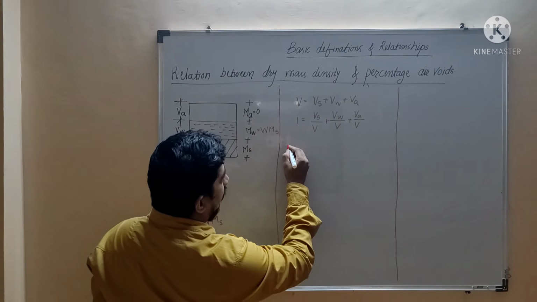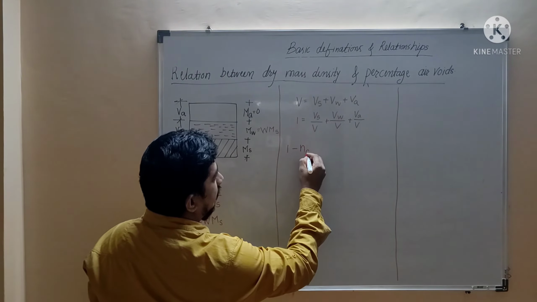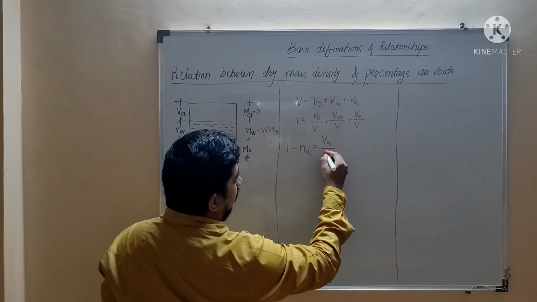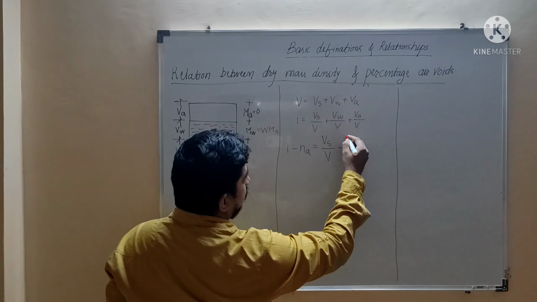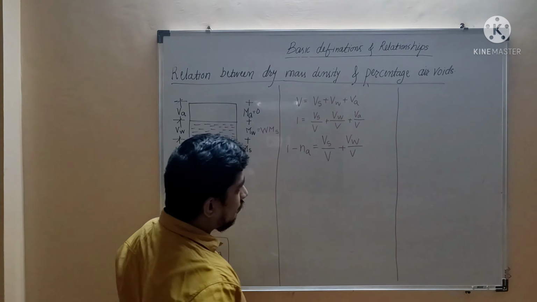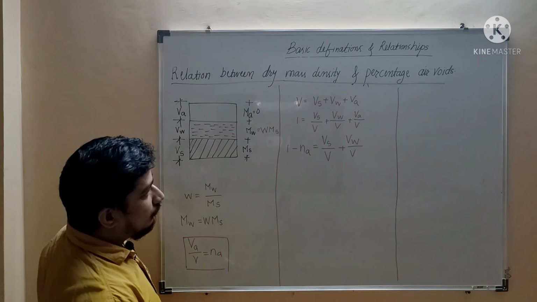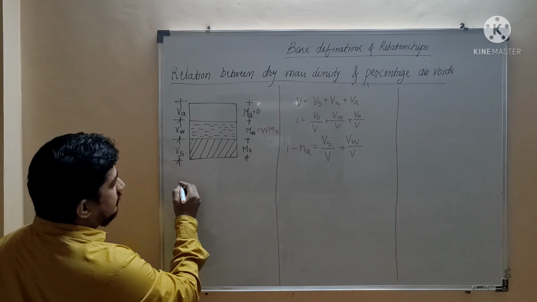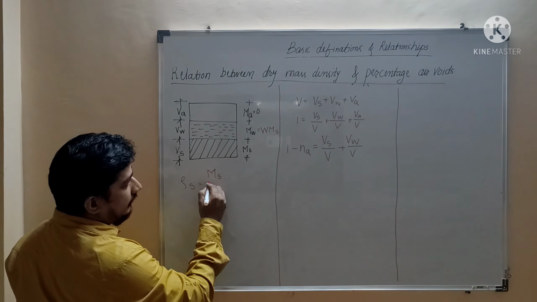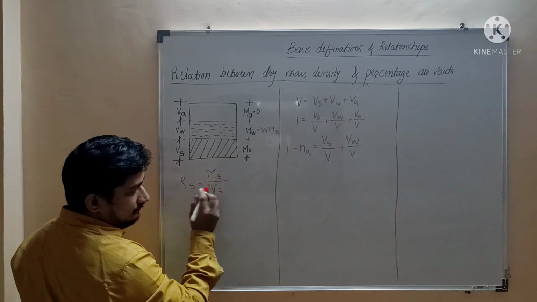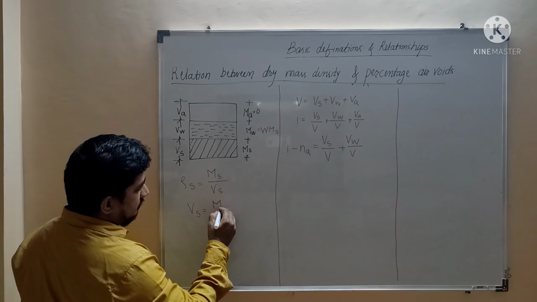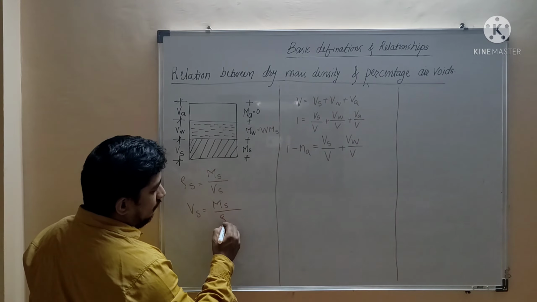So if we want to simplify this, as we know that Va by V is Na, 1 minus Na is equal to volume of solids divided by total volume plus volume of water divided by total volume. Now we know that rho s is equal to Ms by Vs, so Vs is equal to Ms divided by rho s.